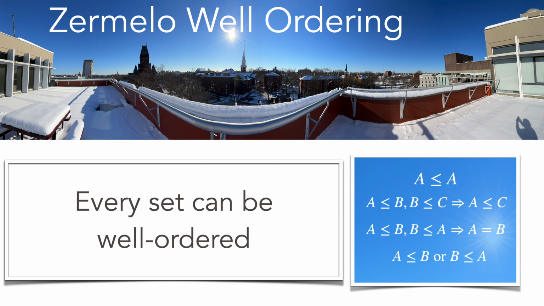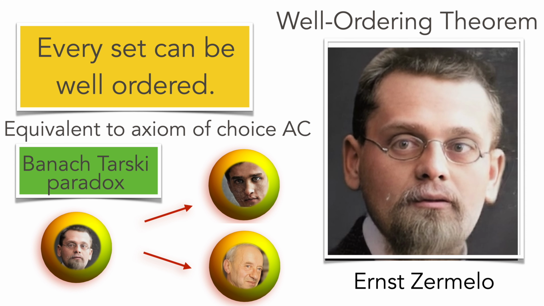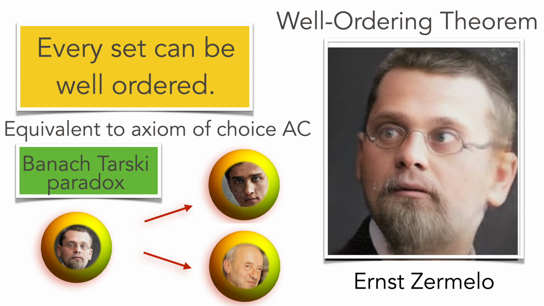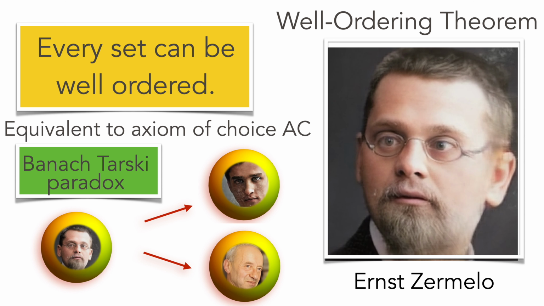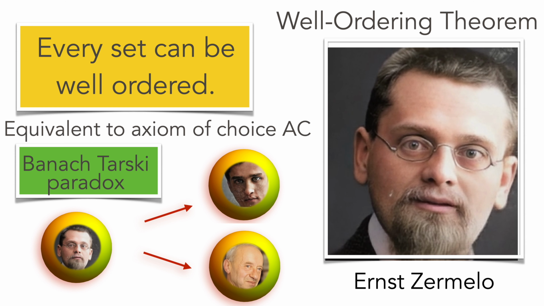Zermelo's well-ordering theorem assures that every set X can be well-ordered. This means that there is an ordering such that any non-empty subset of X has a least element. The well-ordering theorem follows from the axiom of choice, which in turn implies the Banach-Tarski paradox, a very strange statement: that one can cut a sphere in Euclidean space into 5 pieces, rotate and translate these pieces, and assemble two new spheres.